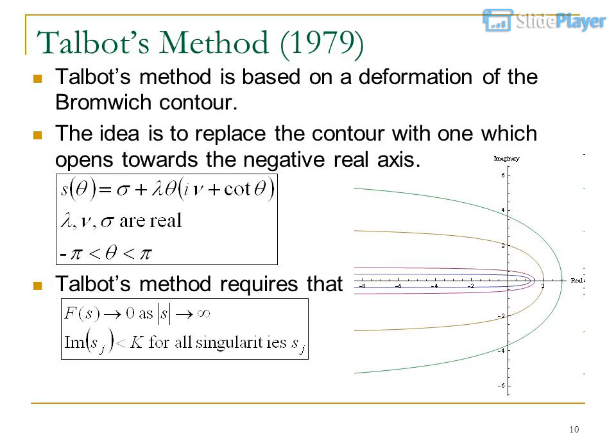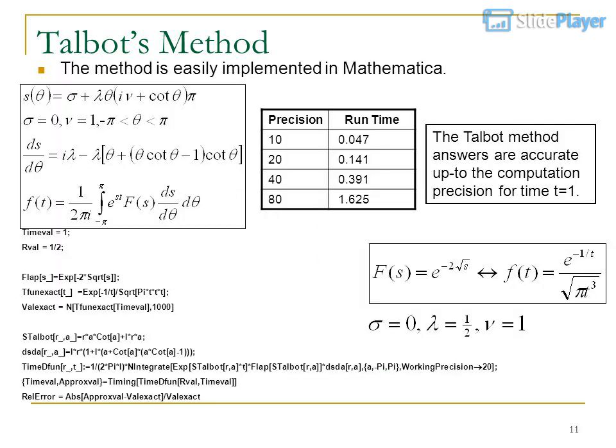Talbot's method, 1979. Talbot's method is based on a deformation of the Bromwich contour. The idea is to replace the contour with one which opens towards the negative real axis. The method is easily implemented in Mathematica.